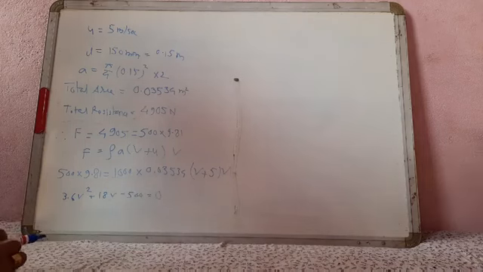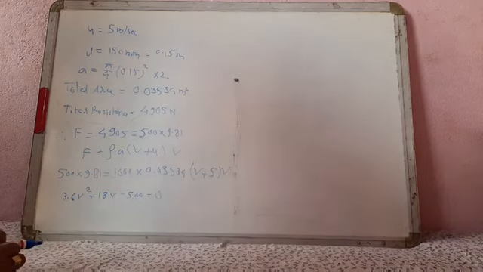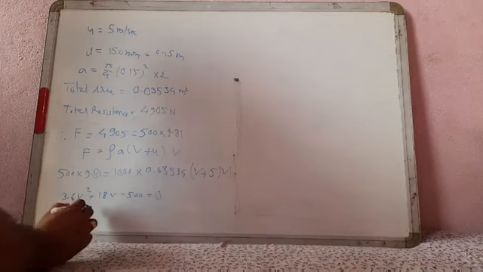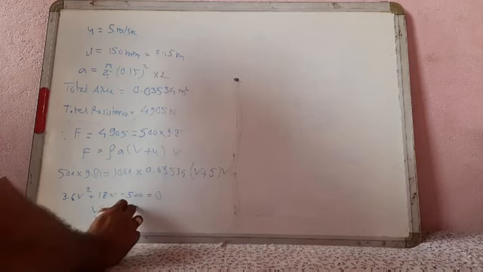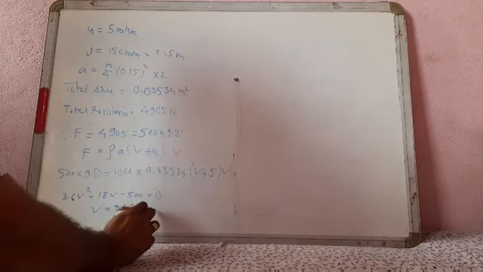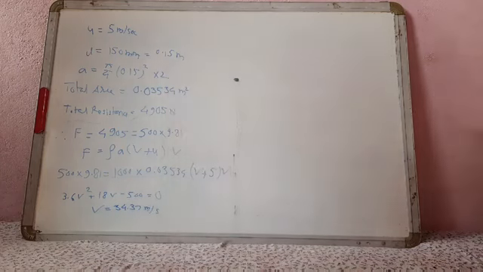By solving this quadratic equation, we have got two values of V, positive and negative. So we take the positive, and the value of V comes 34.37 meter per second, ignoring the negative one.